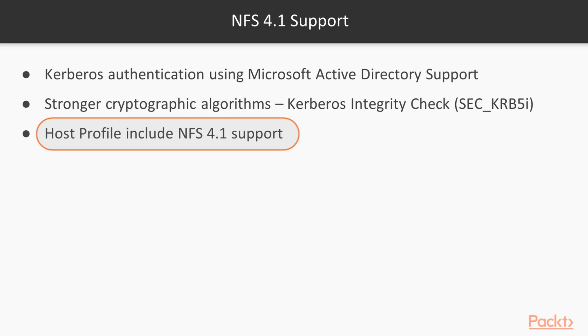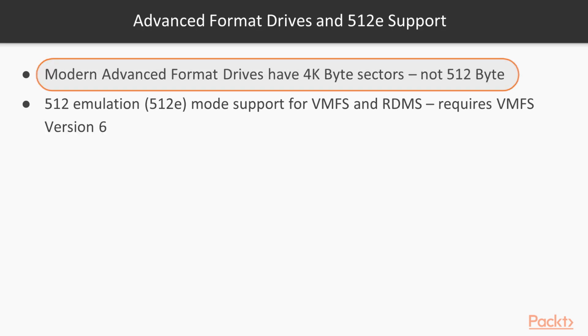The physical sectors on storage devices were only 512 bytes long simply because the storage didn't have the capability to do more, but now the more advanced format drives available have 4K byte sectors. So the issue becomes how a legacy operating system that only supports 512 bytes per sector can utilize the more modern advanced format drives, which have the 4K byte sectors, because now within a certain amount of volume you can store a tremendously large amount of data.